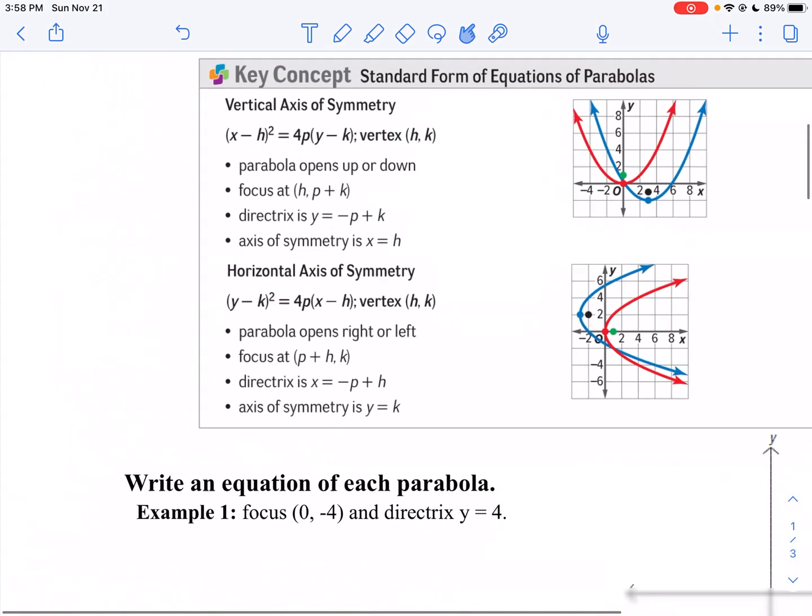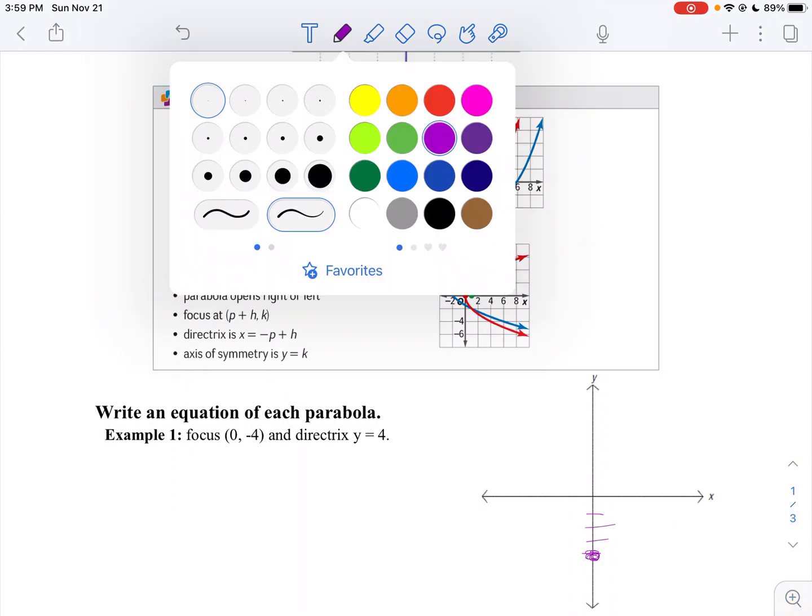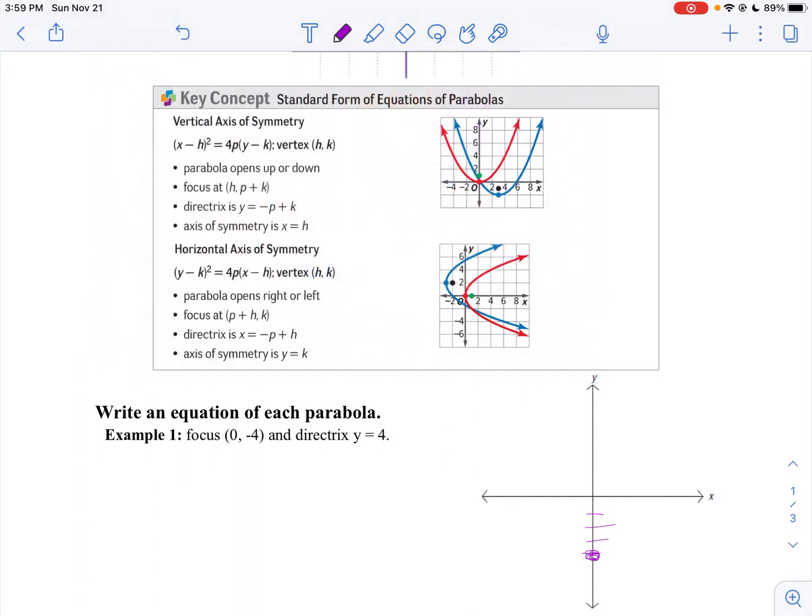So let's apply that to a problem here. I'm told the focus is at 0, negative 4. So I'm going to go down 4. Here's my focus. My directrix is y equals 4. So I go up 4.